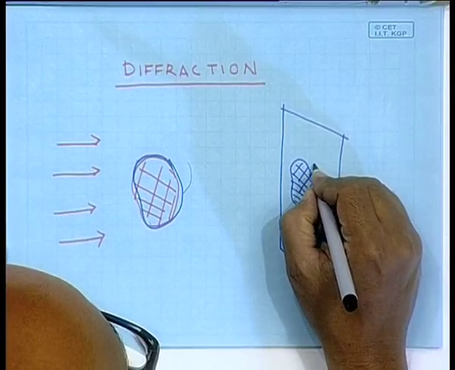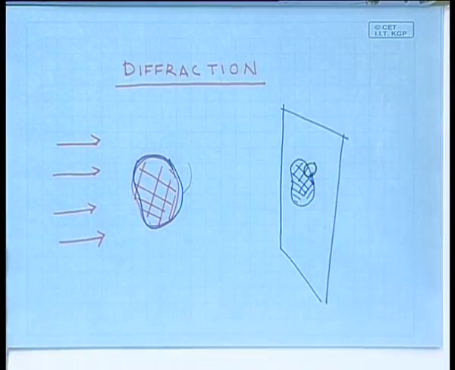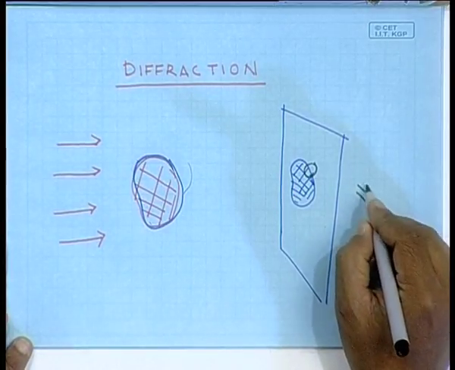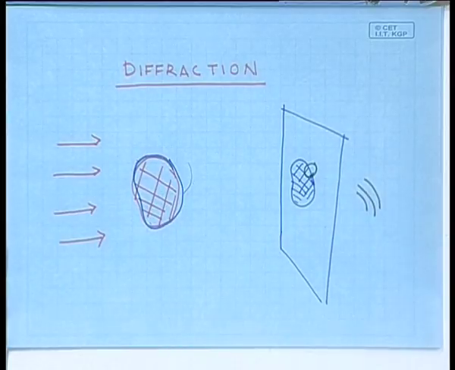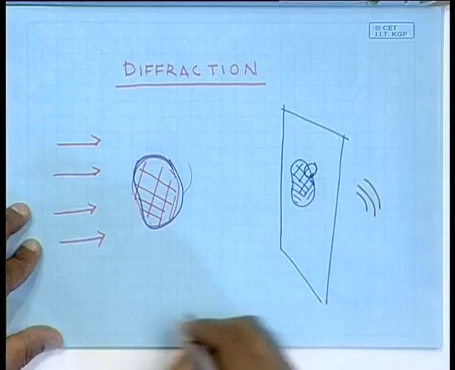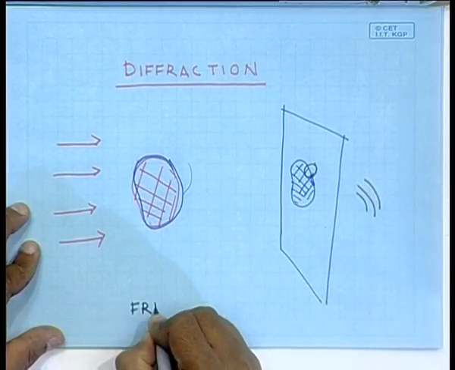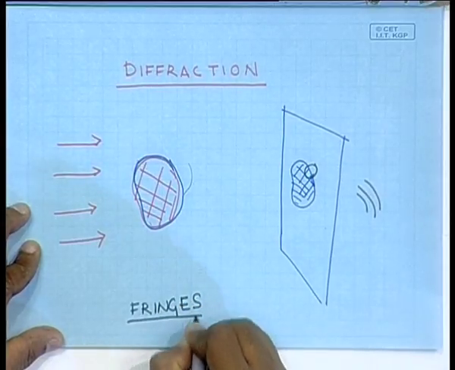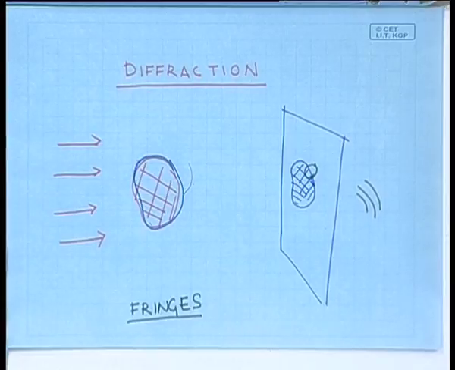But it turns out that if you look closely at the edges of the shadow, these regions, you will see that there are dark and bright lines which occur over there. You will find a pattern of dark and bright lines in the region near the edge of the shadow. These are referred to as fringes. We have already discussed what fringes are. This is an example of the phenomenon of diffraction, where we have the superposition of many waves.